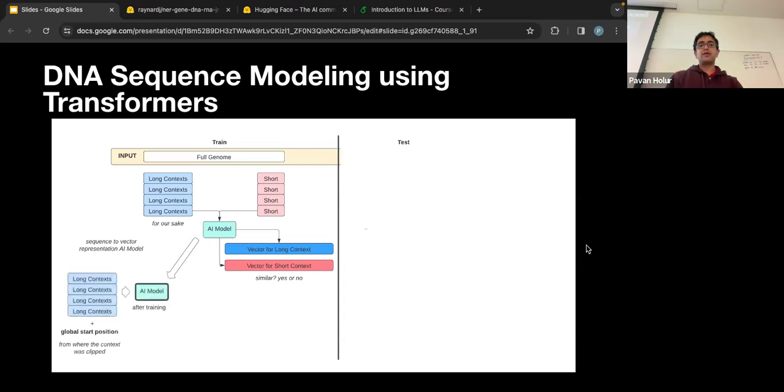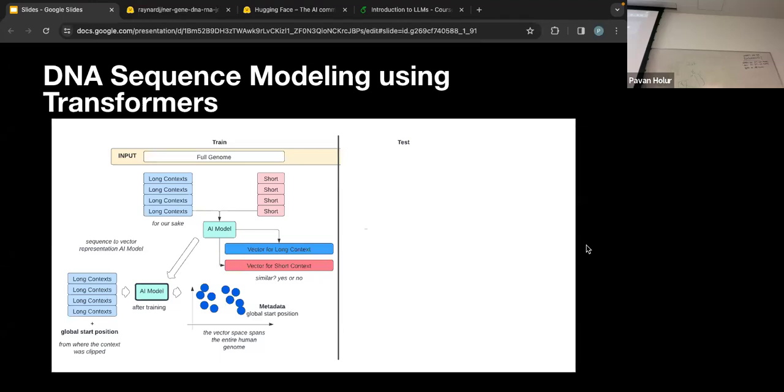After training the model, we take the long context representations and put them all into a big store called a vector store. We store all the fragment embeddings, all the 1000-length long contexts, into an embedding space. You can Google these; Pinecone, for example, is a very famous up-and-coming vector store that people like to use these days.